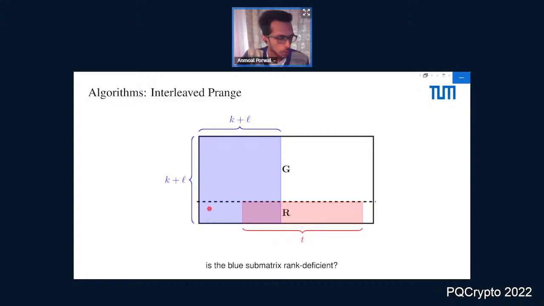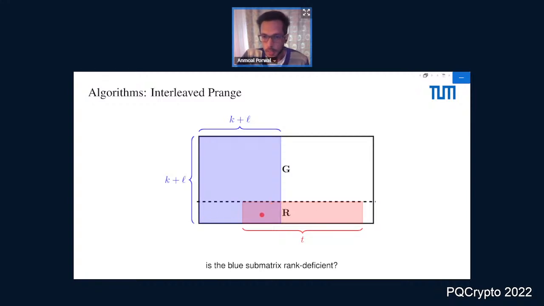The reason why we want to do that test is this. If you look at the erroneous part of R that is inside the blue submatrix, it might be the case that one row is completely error-free. If that is the case, then this is going to be rank deficient, and by using the re-encoding step of Prange's algorithm, you can decode this entire row.